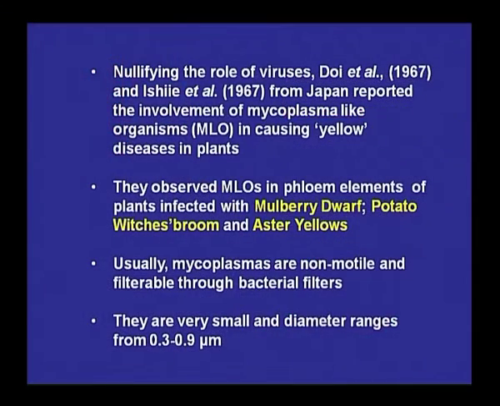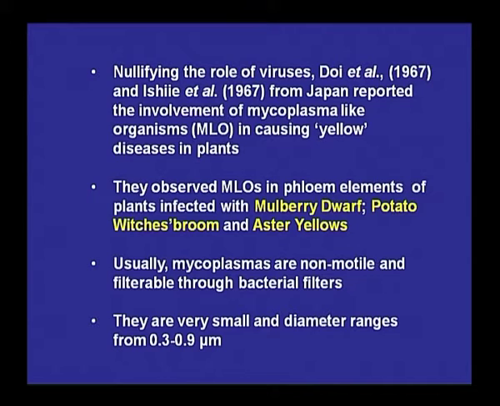In the year 1967, the Japanese scientists Doi et al. and Ishii et al. worked on the Mycoplasma, and they nullified for the first time the role of viruses in the Mycoplasma diseases, and they showed the involvement of these in causing yellows disease in the plants.